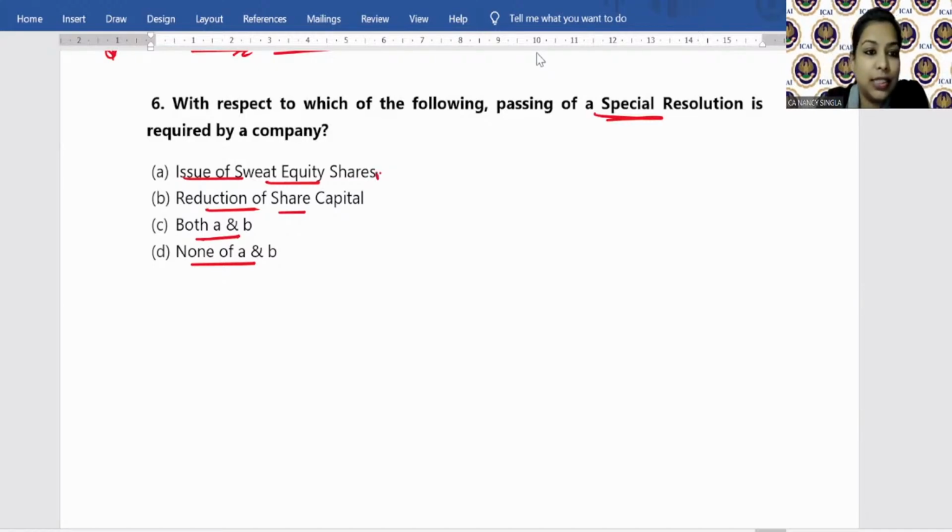So sweat equity shares के लिए तो होता है, reduction of share capital के लिए भी होता है. So the answer is what? Both A and B, that is C. So students who are not sending option C as the correct answer, please check your answers.